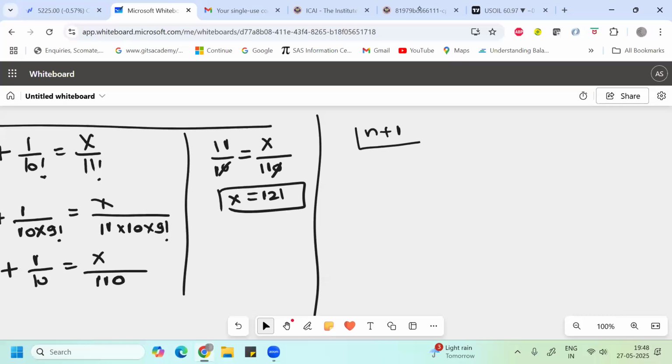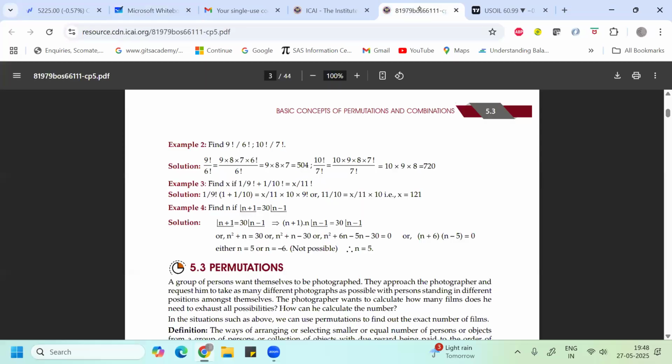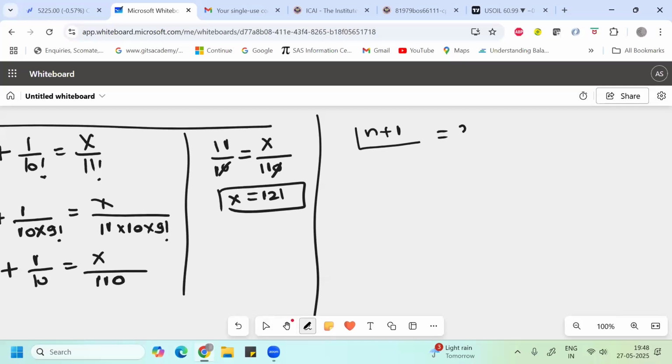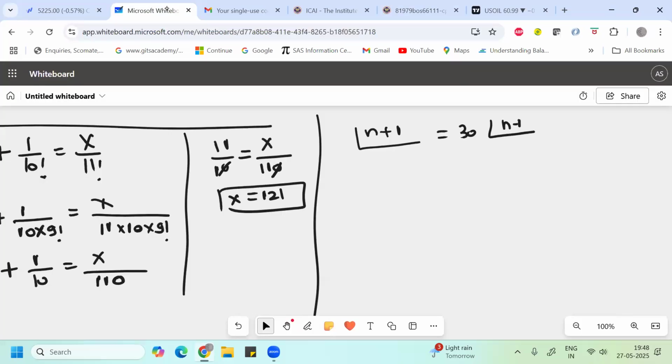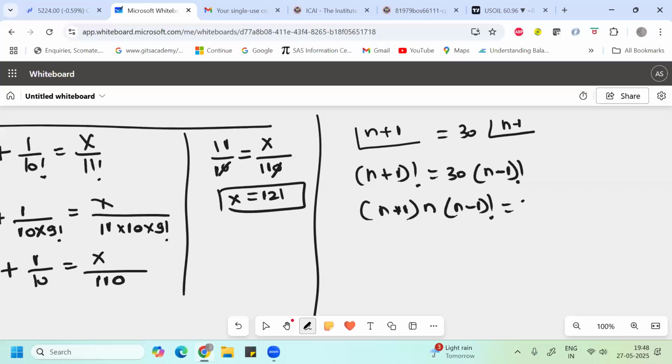So (n plus 1) factorial is equal to 30 into (n minus 1) factorial. (n plus 1) factorial you can write as (n plus 1) into n into (n minus 1) factorial, that is equal to 30 into (n minus 1) factorial.